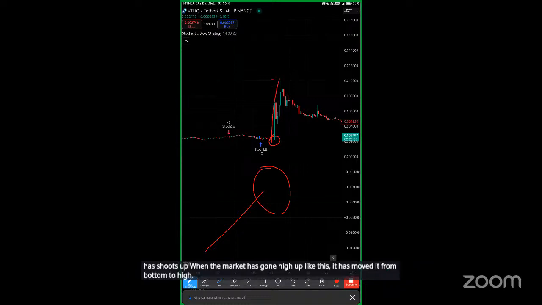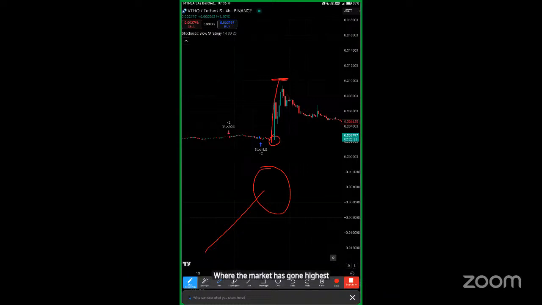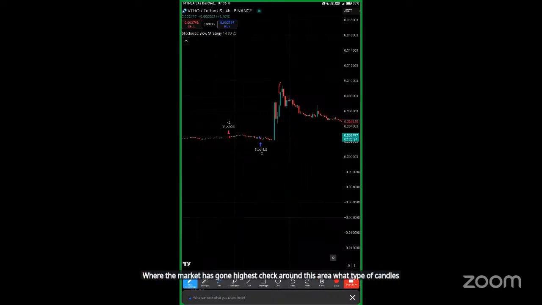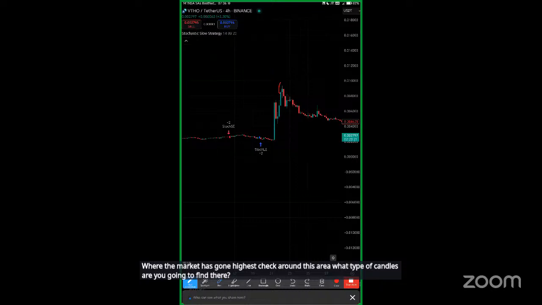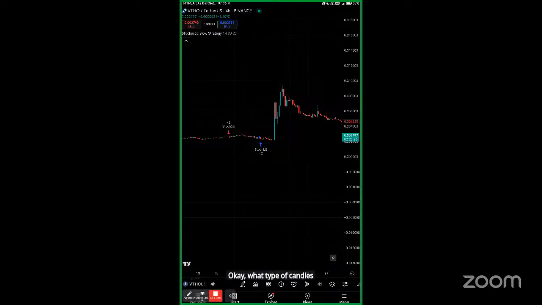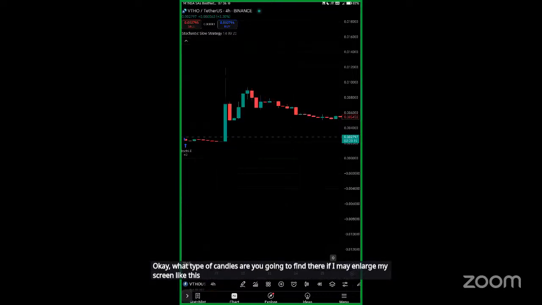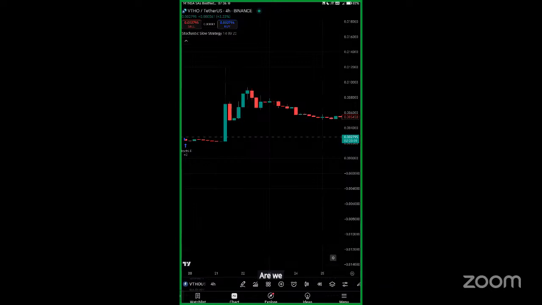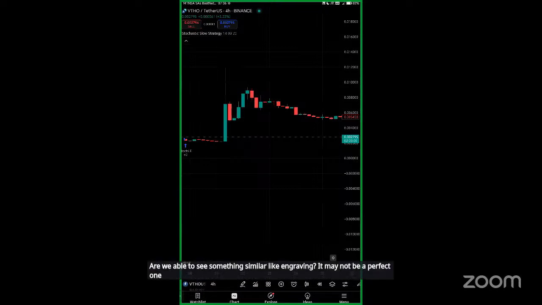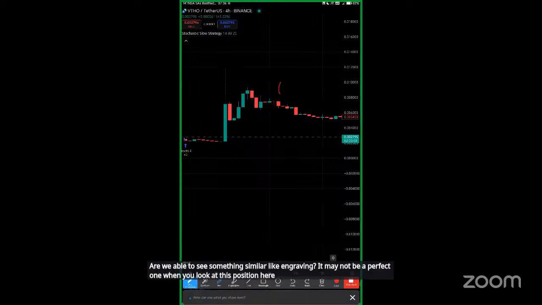Where the market has gone highest, check around this area. What type of candles are you going to find there? If I may enlarge my screen like this, are we able to see something similar to engulfing? It may not be a perfect one, of course, but it looks similar.